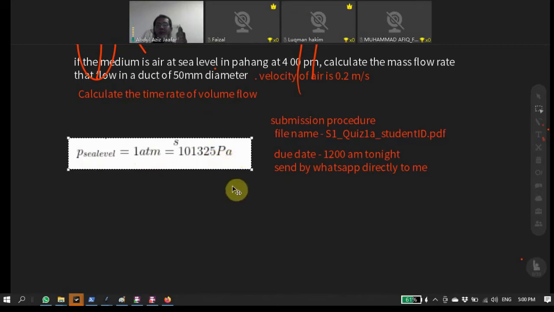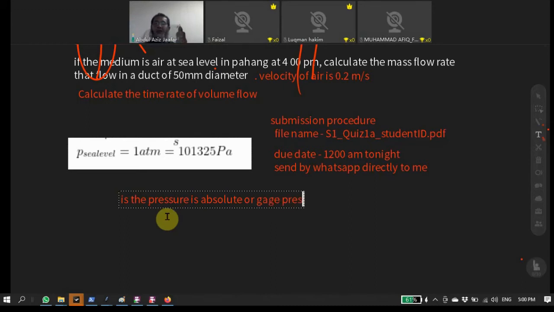Right. Okay, good. So you partly can answer the question. So the pressure at sea level is 1 atm. So we have a pressure at sea level equal to 1 atm, 101,325 Pascal.